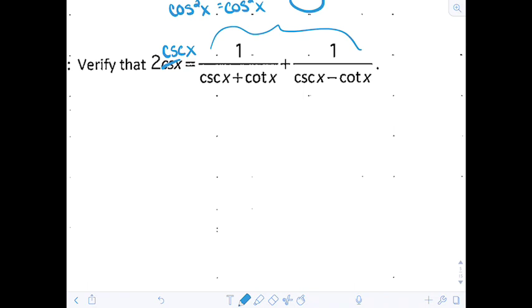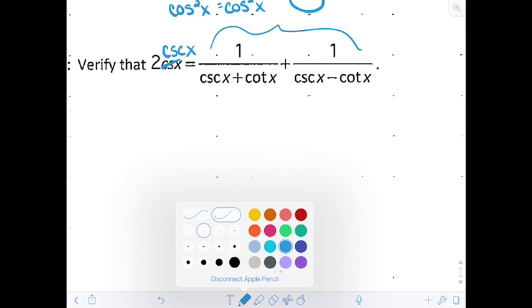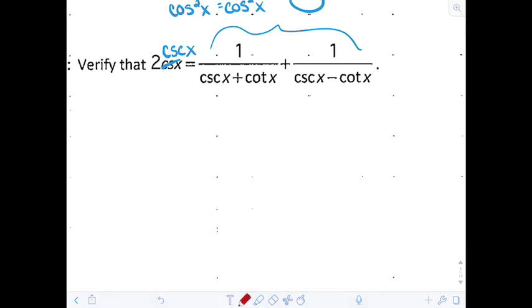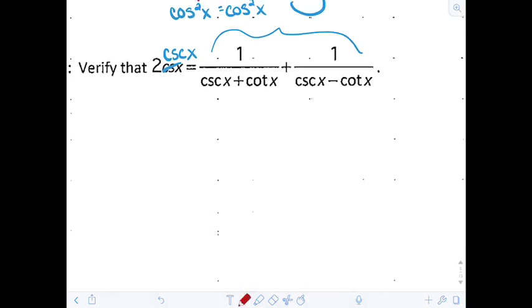So I have 2 fractions with different denominators. Hopefully you're thinking, let's get a common denominator. They are conjugates of each other, so I'm going to multiply those conjugates.